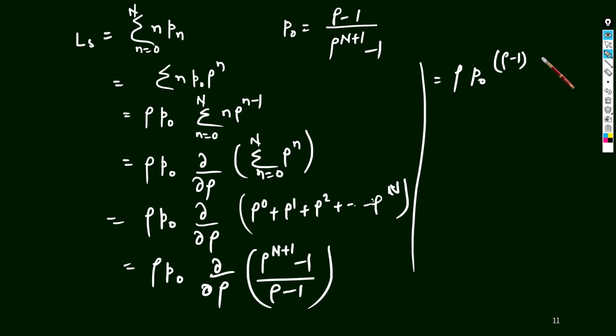This is left, and the derivative of this will be n plus 1 into rho to the power n, minus this will be left. Oh, it's getting congested. Wait a minute, I'll just clean it.